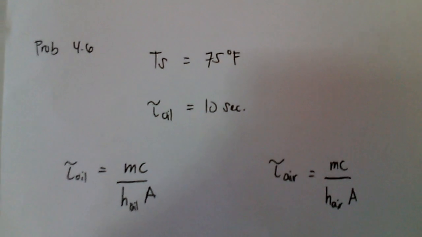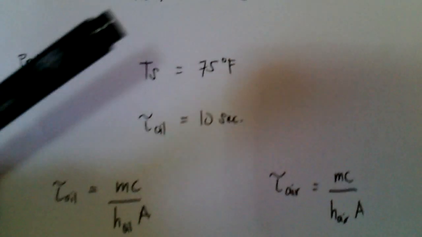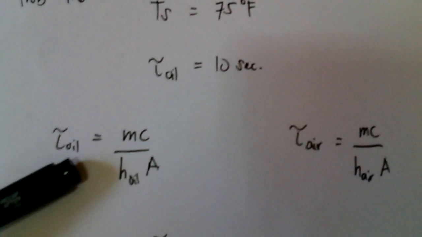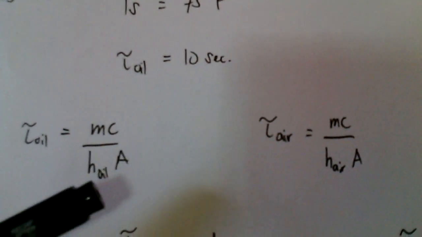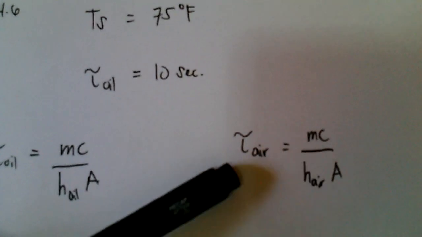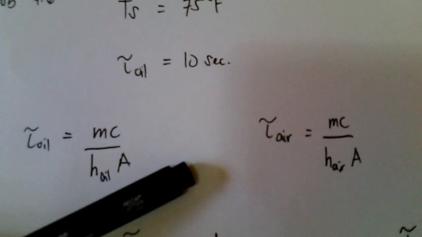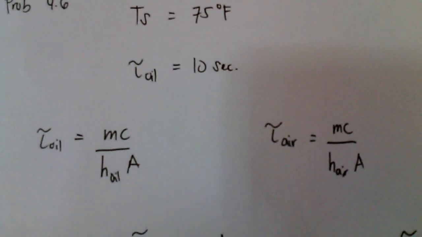In the book, it also says, from problem 4.6, that Ts equals 75 degrees Fahrenheit. And in the problem, we have that the time constant for the oil is 10 seconds. So we have the time constant of oil equals mc over h oil times A, and the time constant of air equals mc over h air times A. Now we combine these two equations using ratio and proportion.